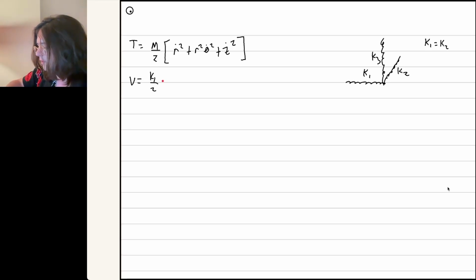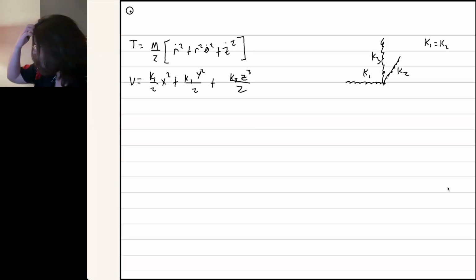So k1 over 2 x squared plus k1 y squared over 2. The x and y springs are the same. There's supposed to be a y there. And then there's a k3 z squared over 2.